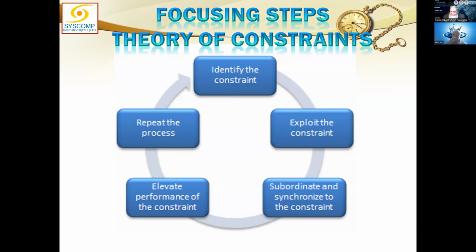Thus, a bit of relief you have got. That is first step, exploit the constraint. Identify it. When you find it, exploit it. Meaning, make everything else subordinate to this constraint. Nothing should produce more than this. It is called subordinate and synchronized to the constraint. Whatever is the capacity of the constraint, you should bring everything down to that level.